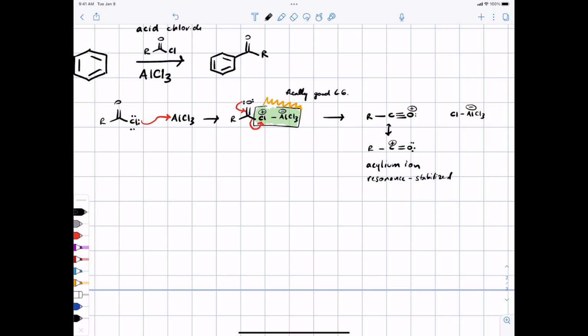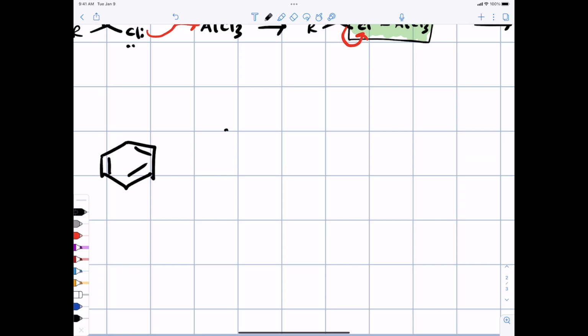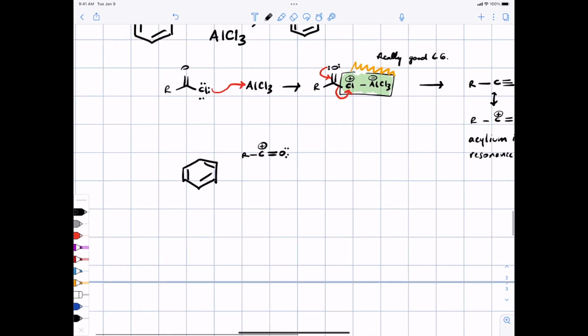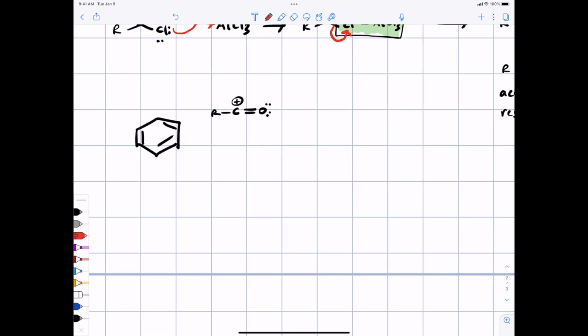So now benzene, the mechanism will be exactly what you would predict. You can draw the mechanism using either of the resonance structures for the acylium ion. I'm gonna just use the simplest one.